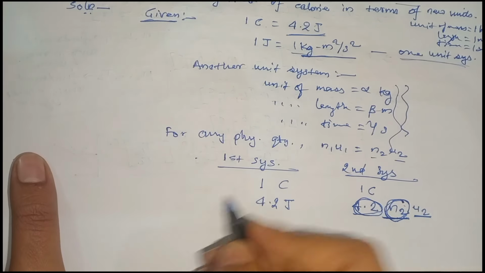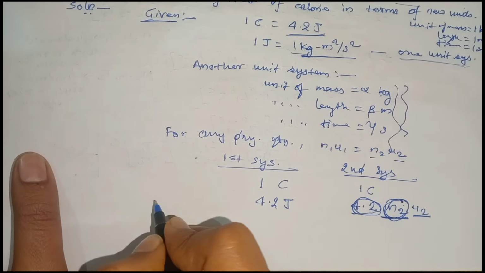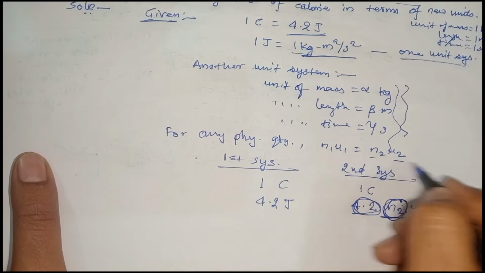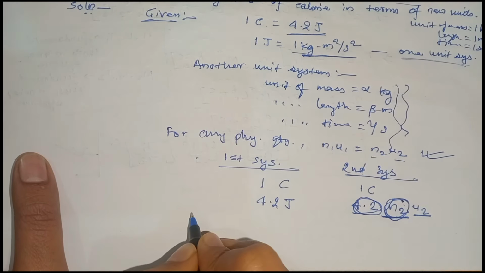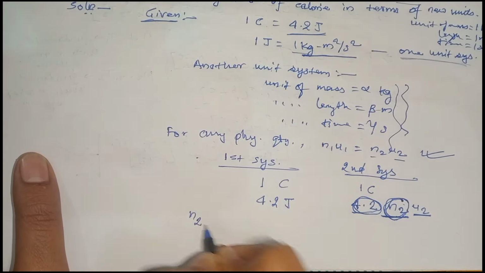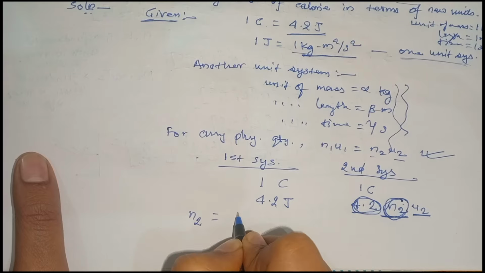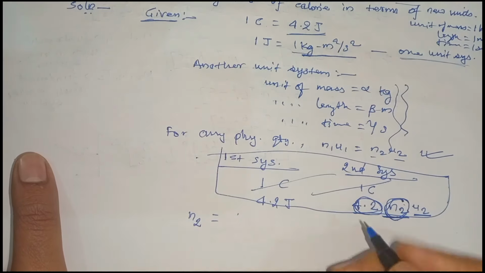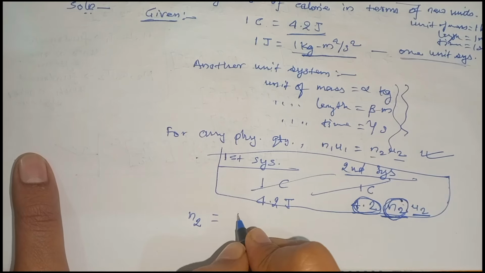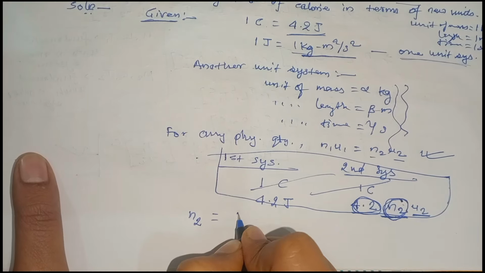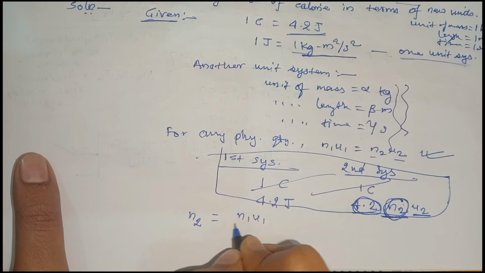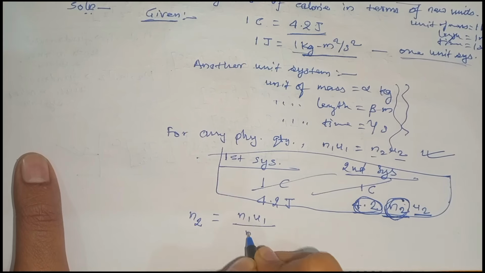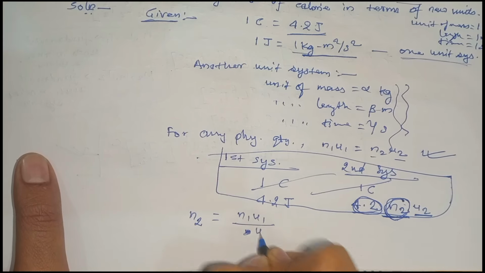So using the formula, we have to find N2. This is for understanding purpose only. The formula for N2 will be N1 U1 by U2.